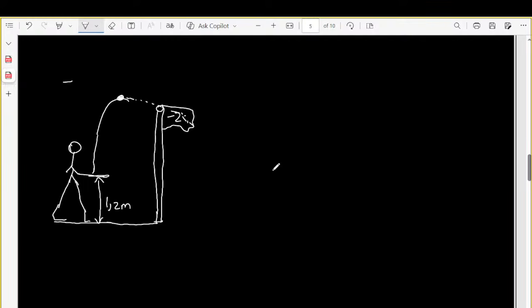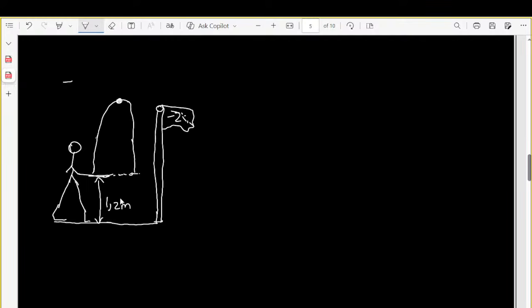Because you are trying to determine the height of the flagpole. So you're going to throw something up like this, then it will come back and reach the height that it was thrown. Okay, so this is the statement.